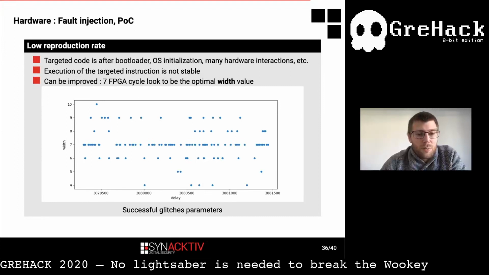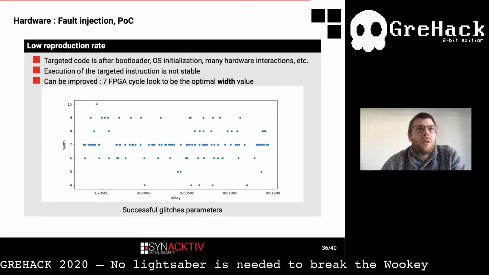On the oscilloscope, we saw that the serial messages are not stable in temporal position. This is due to all the things the board does before executing the target code, like doing hardware things, multiple context switches, etc. And we ran the attack for a few days, and we saw that we can improve parameters.